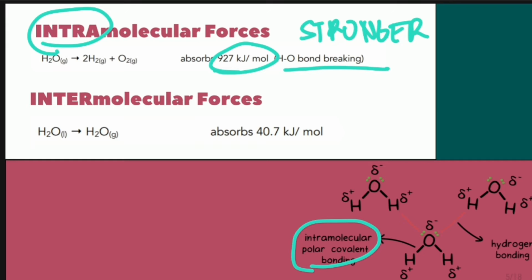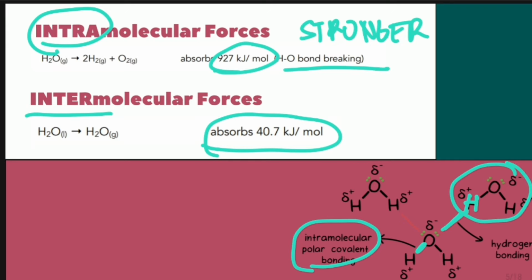For the intermolecular force, you just need 40.7 kilojoule per mole of energy to break the bond between the H atom of one water molecule and the oxygen atom of another molecule of water.